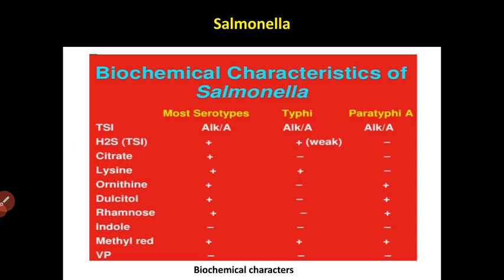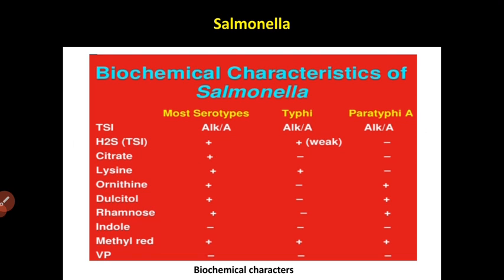Biochemical characteristics. Now here you can see different tests are done with respect to the serotypes, typhi and paratyphi: H2S, TSI, citrate, lysine, ornithine, dulcitol, rhamnose, indole, methyl red, VP.